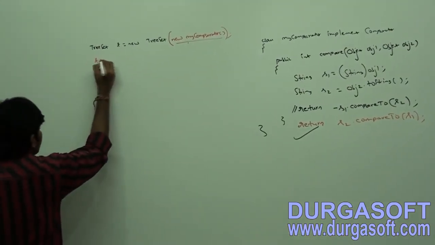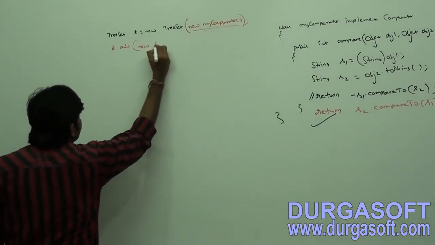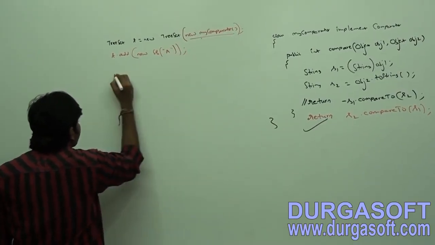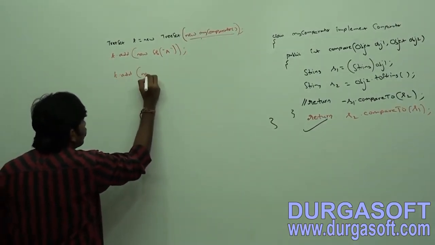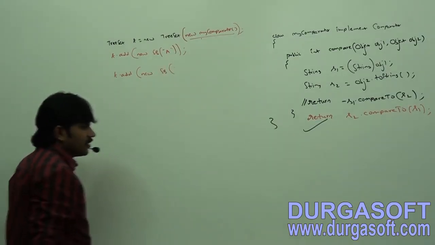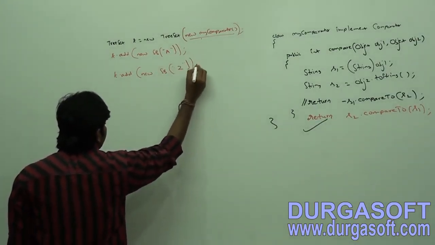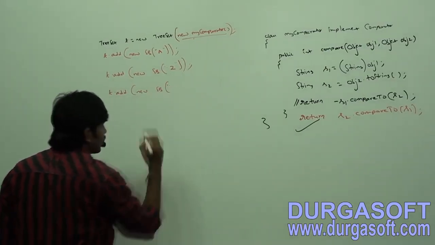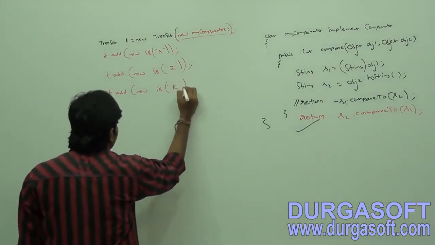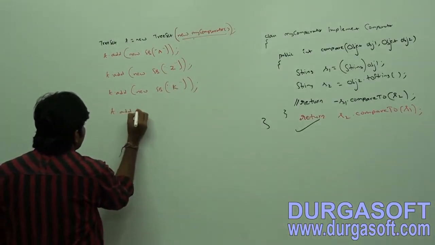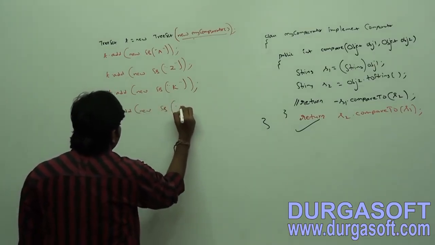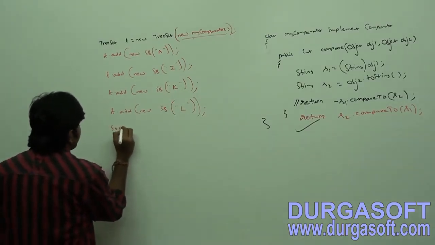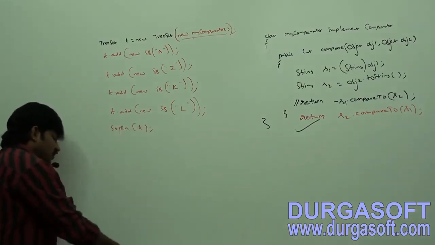What is the first one? t.add(new StringBuffer("A")). t.add(new StringBuffer("Z")). t.add(new StringBuffer("K")). t.add(new StringBuffer("L")), okay, like I'm taking. Next SOP of t.